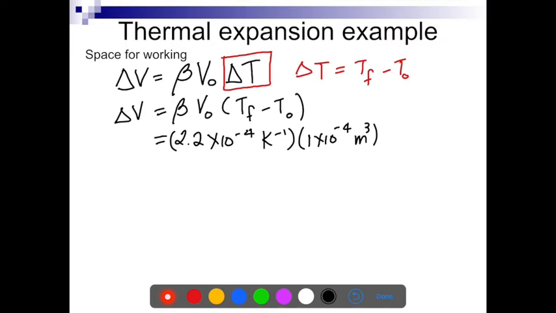Okay. For the temperatures, note that we are given temperatures in degrees Celsius, but beta, the coefficient of volume expansion, has a unit of Kelvin to the minus 1. This means that our temperature value should also be in Kelvin so that our units are consistent.